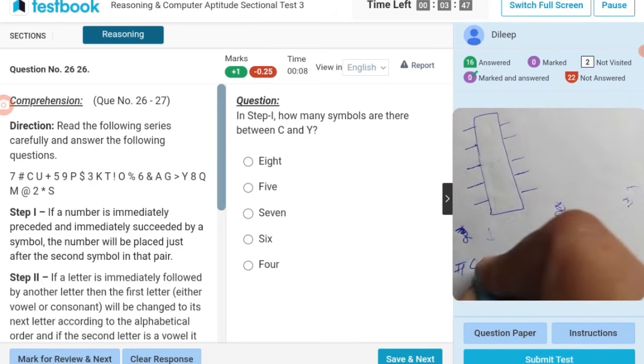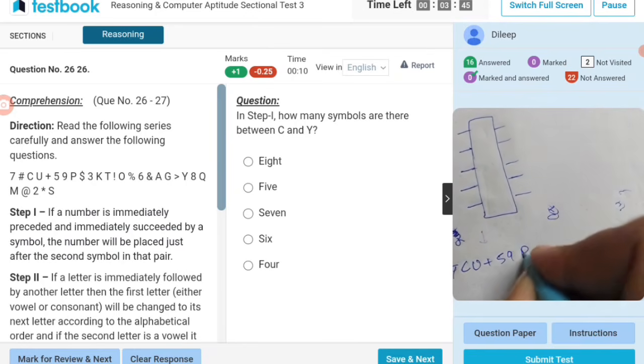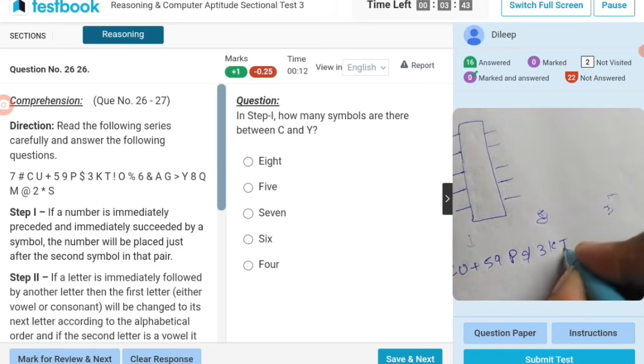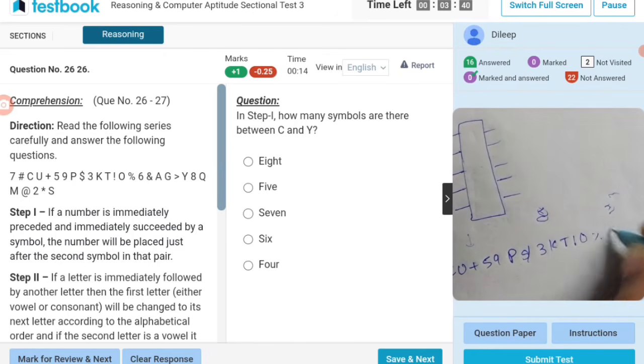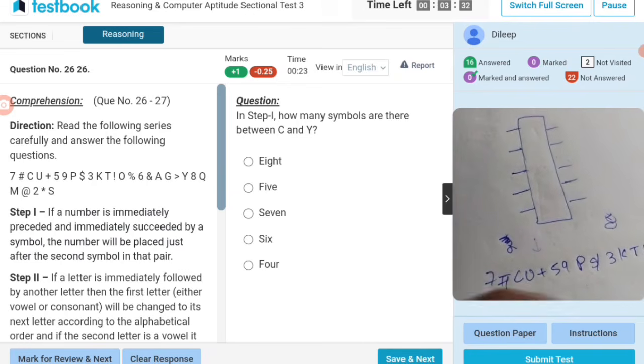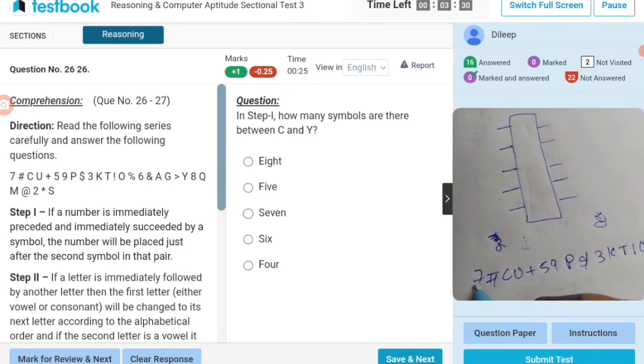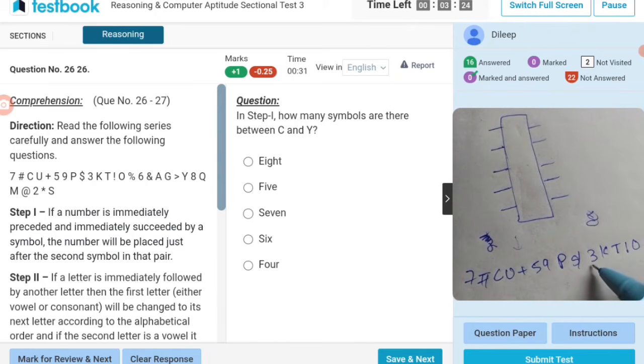7 H U + 59 P T I O % 6 @ R A G > Y 8 @ R 2 # S. So if a number is immediately preceded and immediately succeeded by symbol.